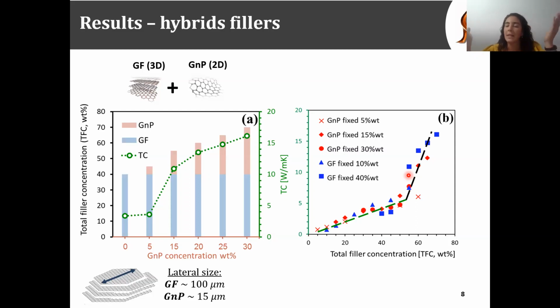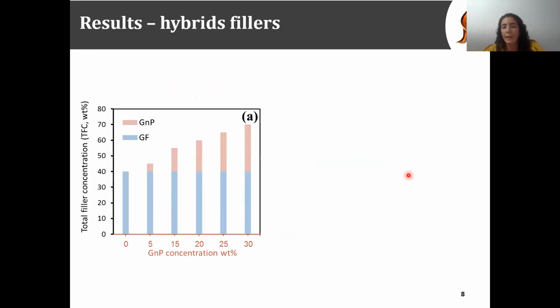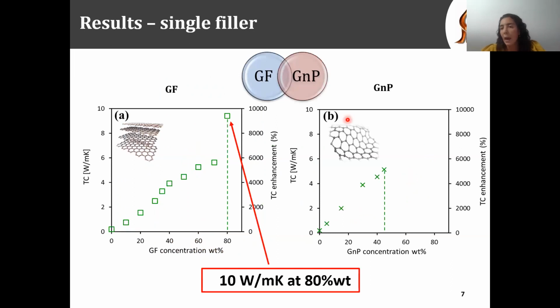For example, if we succeeded in using only GNP, the carbon-based filler characterized by the highest thermal conductivity, and we managed to load more than 45 weight percent, as I mentioned in the beginning, probably we may be able to get a higher thermal conductivity compared to GF. The main problem once we use the GNP is only the low loading.